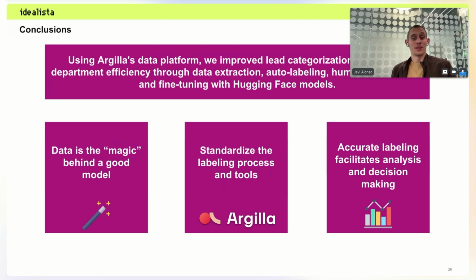The second point is, hey, standardize your labeling process and tools. You can use traditional tools like Excel or a simple notepad. But if you get into the flow of using a professional labeling tool like Argilla, there are many more out there, just use any tool that you can, because they are going to help you optimize and speed up the process.